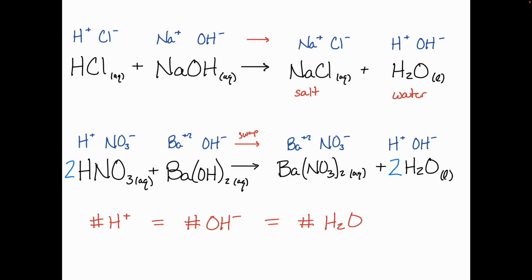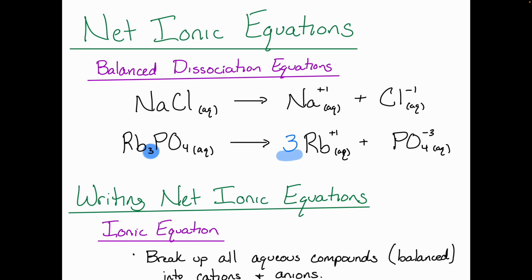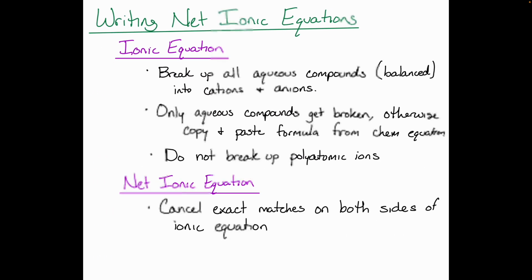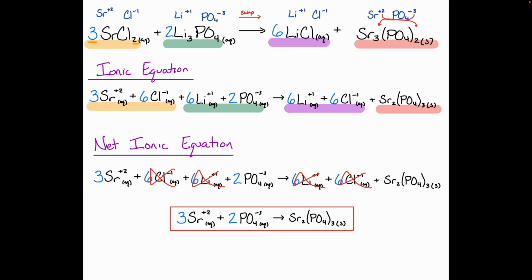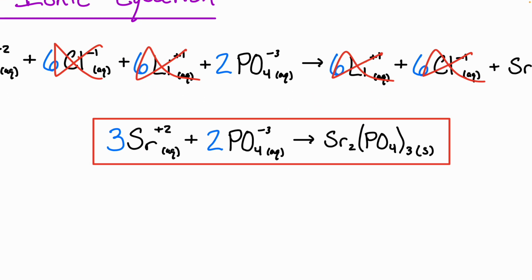And then we learned how to take a chemical equation and to find its net ionic equation, first by writing an ionic equation, a balanced equation where we break up all those aqueous compounds into their cations and anions, and then we cross out what's on both sides, and that leaves us with the meat of the reaction, your net ionic equation.